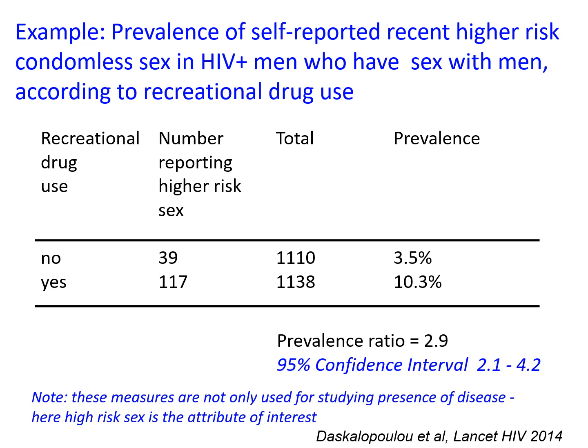And we can calculate a 95% confidence interval for that. This is just to note that these measures like prevalence and prevalence ratio are not only used for studying presence of disease, they're also used for things like high risk sex, where that's the attribute of interest here.